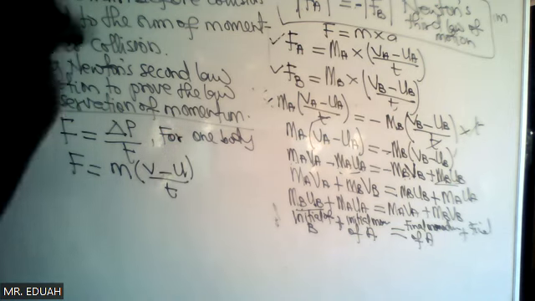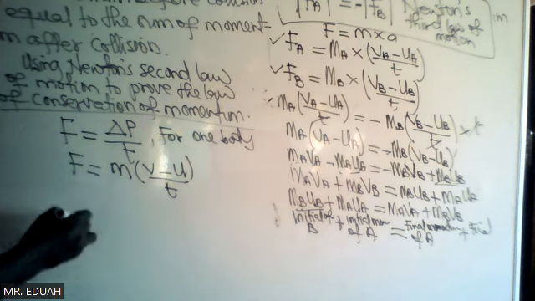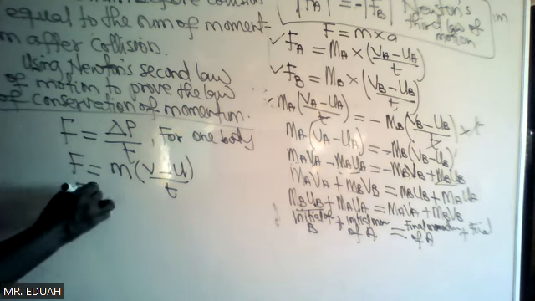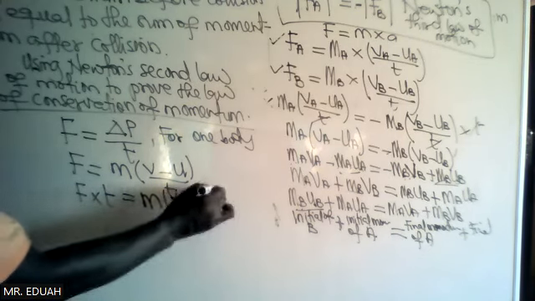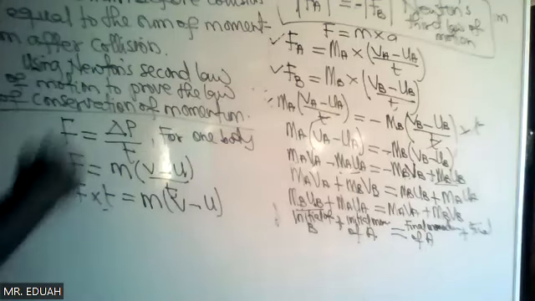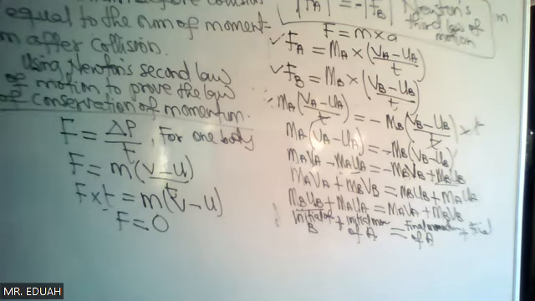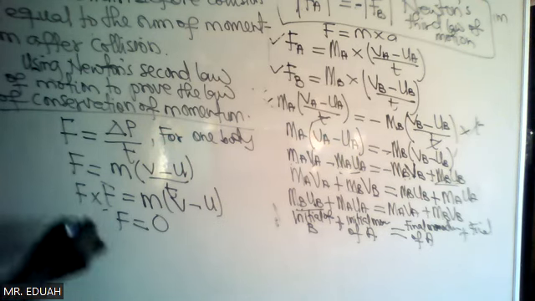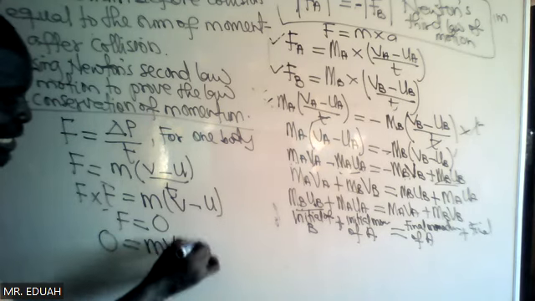Okay, so for one mass or for one body, this is it. Now, let's cross multiply: F times t is equal to mv minus mu. In the absence of any external force, this is impulse, but when there is no external force, F is equal to 0, then the left-hand side impulse will be equal to 0. So we have 0 is equal to mv minus mu.